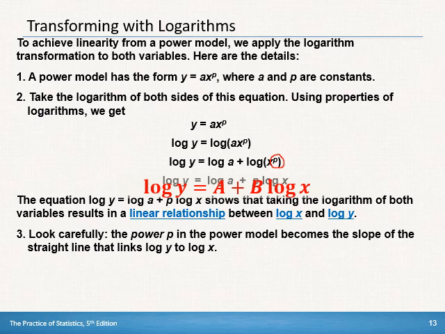So you can see that if we're using a power model, the log of the explanatory variable x will have a linear model with the log of the response variable y. So if we take the log of both x and y, and we see a linear pattern between log x and log y, then that means a power model is appropriate.